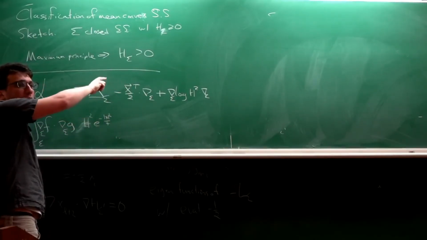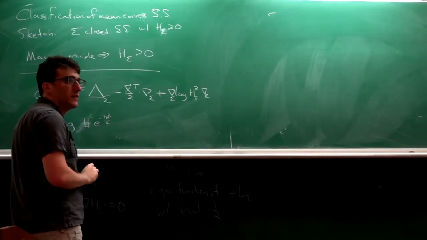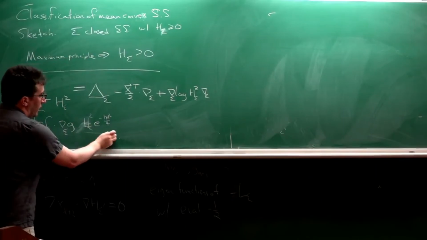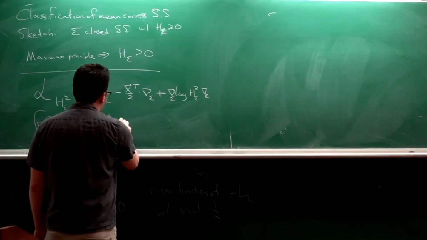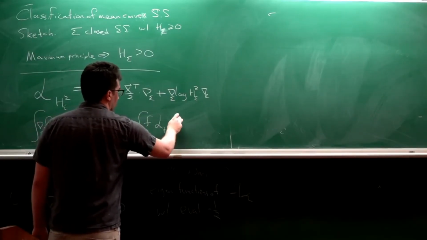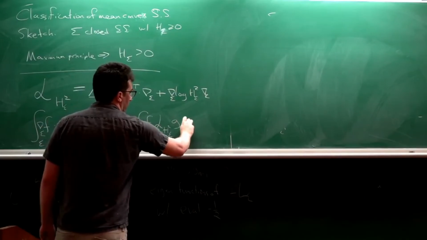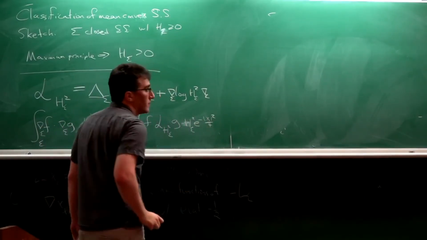Here we're using H as positive. You're putting the mean curvature squared in the weight. So then this is minus the integral of f L_{H^2} sigma g.